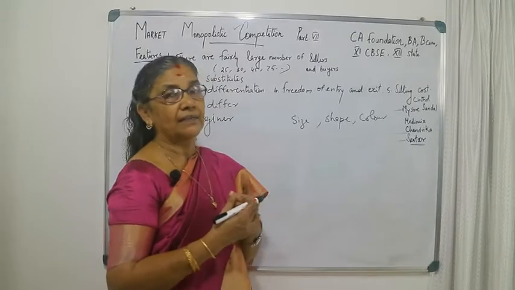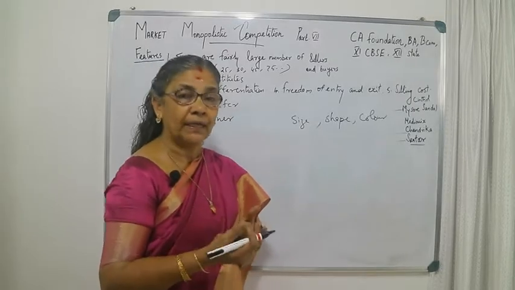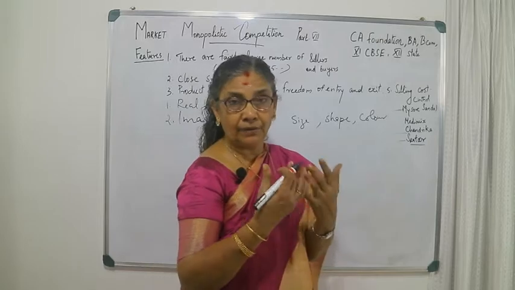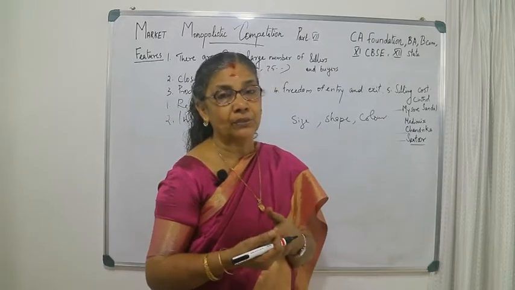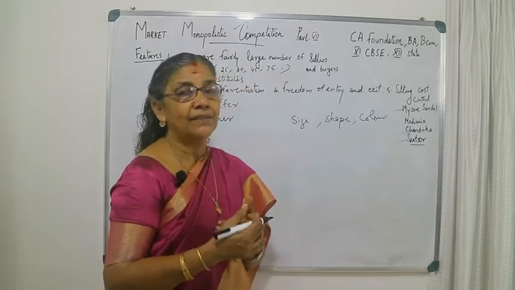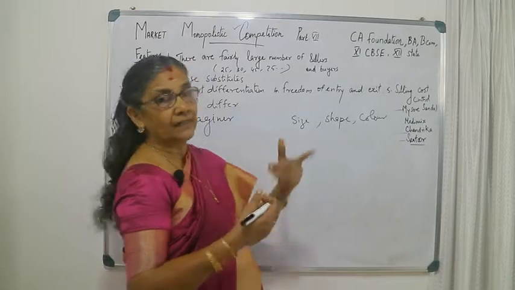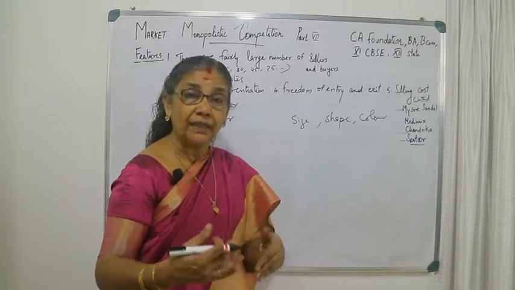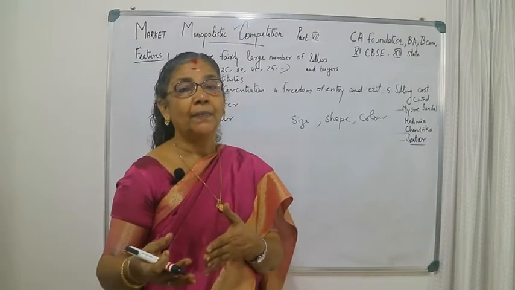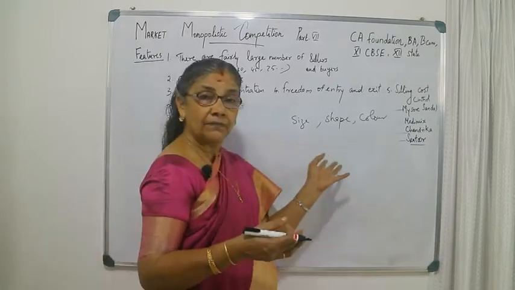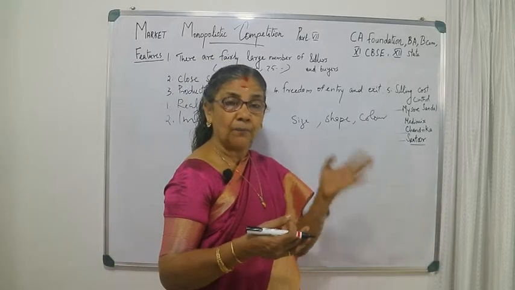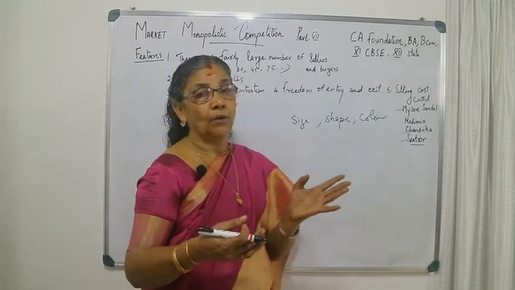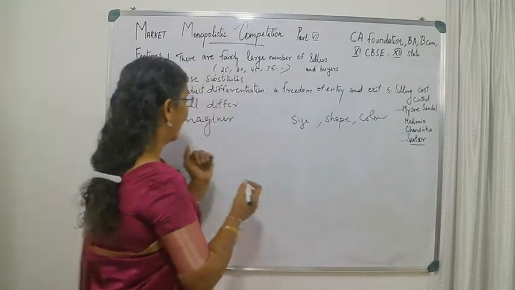Or the real differences also may be there. That is why you feel that whatever you are using, the perfumes used there, or the medicinal contents used there, that is the real difference we feel. But you start to feel that this soap is different from the other because of the size of the soap, or the color of the soap, or the shape of the soap, or the packet, or the trademark.